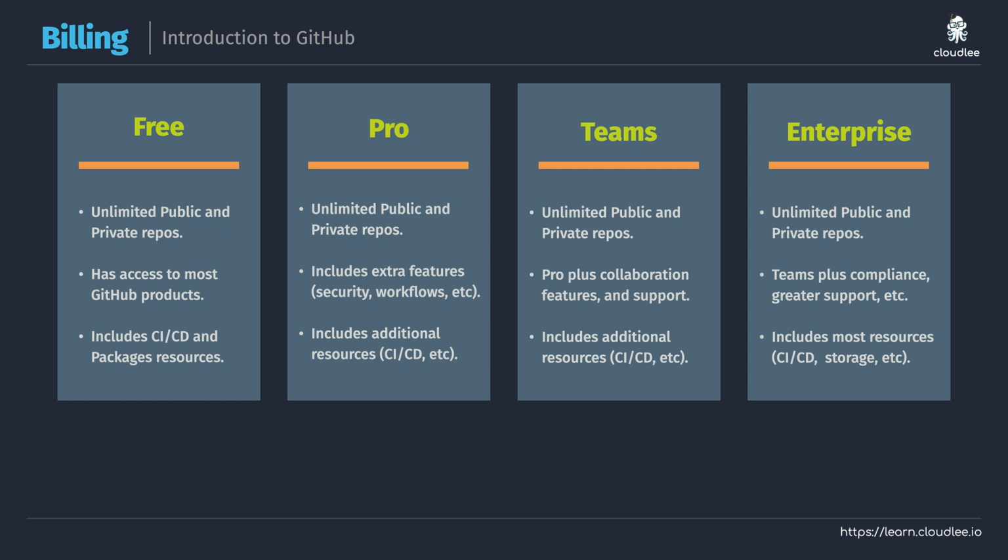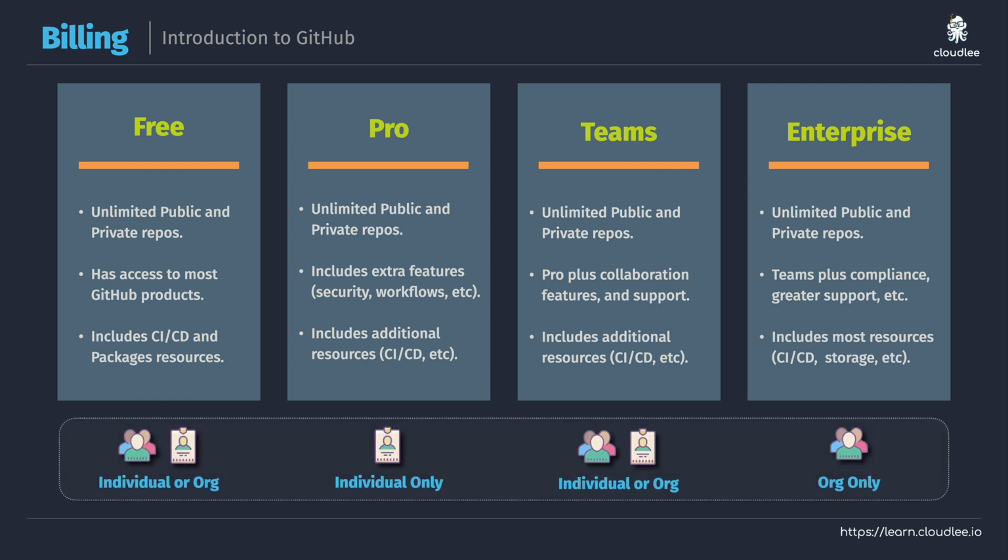Now, just to close out this conversation on billing, I would say that if you look at the pricing page, it seems fairly straightforward, but if you go and dig a bit deeper, sometimes it can get a little bit confusing. So I did just want to call out that these different offerings actually differ depending on whether you are an individual or an organization. So if you're an individual, you can sign up for free, pro, or teams offerings.